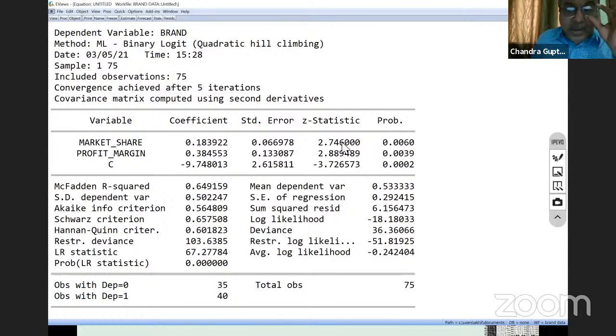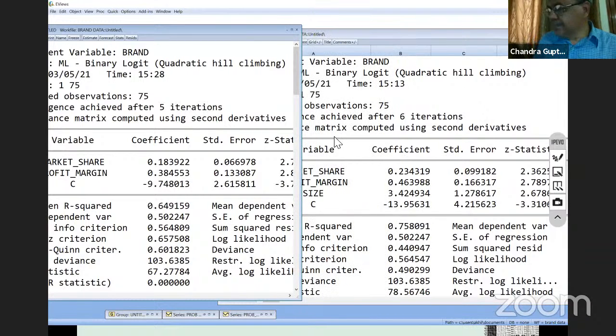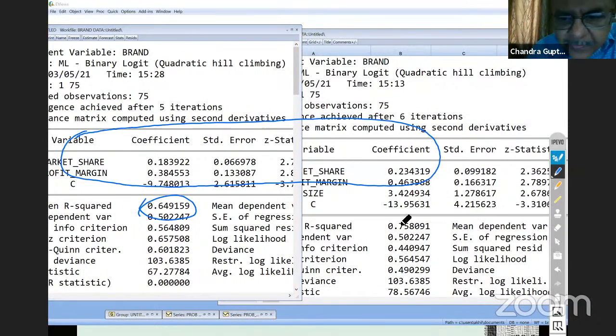That's the model we get. Now I can compare whether this model is a good model or the earlier model is a good model. For that, you can compare the McFadden's R square, 64% and 75%. The higher it is, the better the model is.